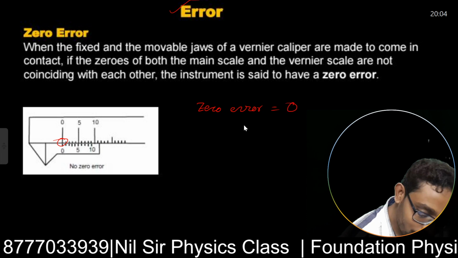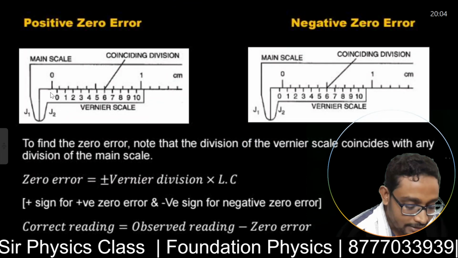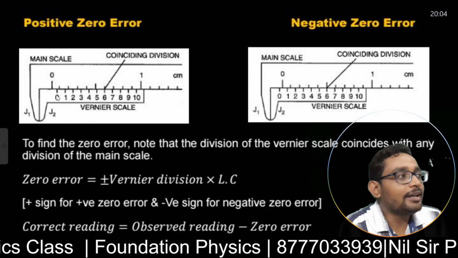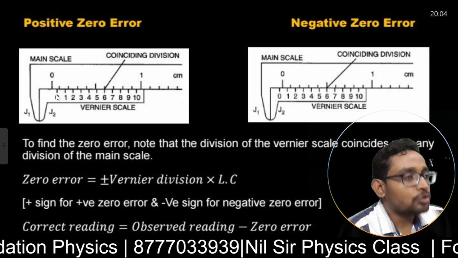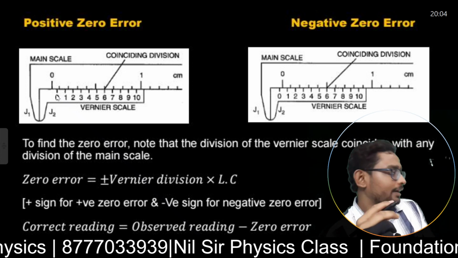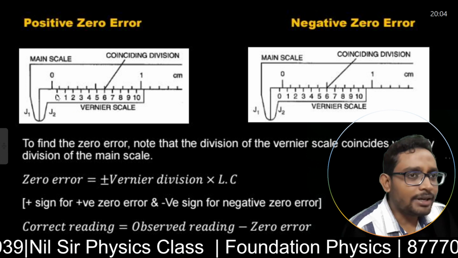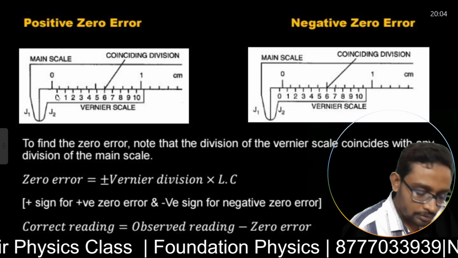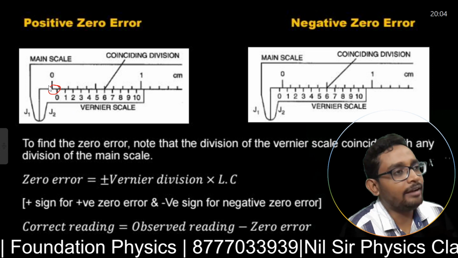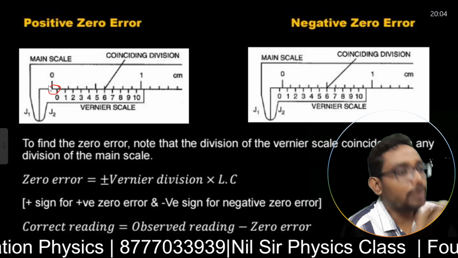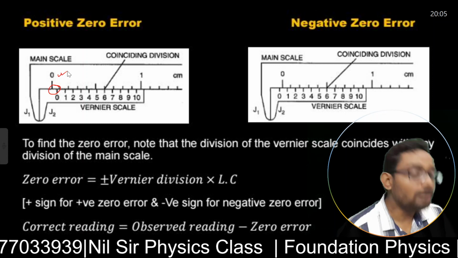Your zero error equals 0. In this case, you can see that the vernier is ahead of the main scale. So you did not measure anything, but you already got some value in your hand without any measurement, right? So this error will be called positive.